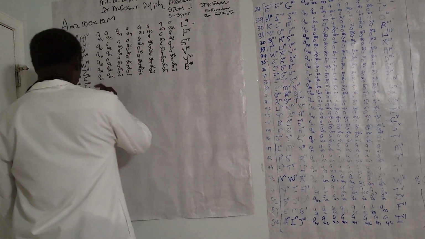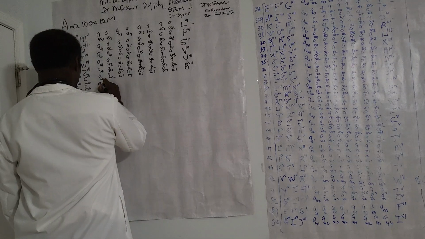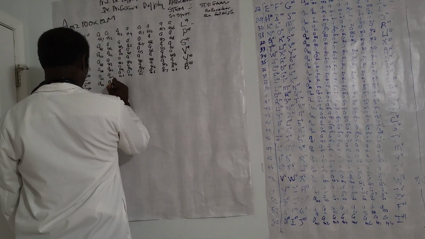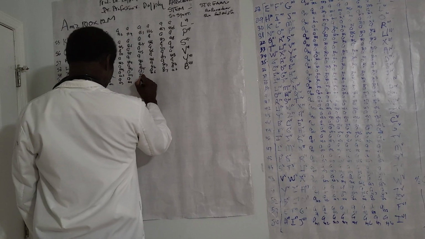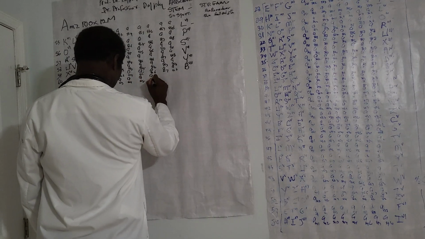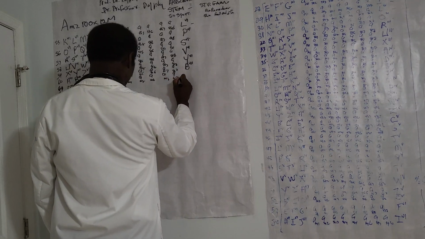And so here we have now A61-1, A61-2, A61-3, A61-4, A61-5, A61-6, A61-7, A61-8.